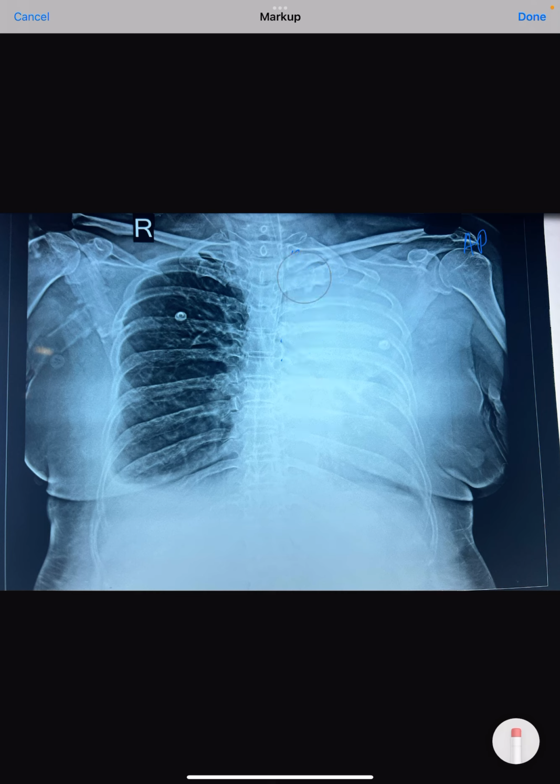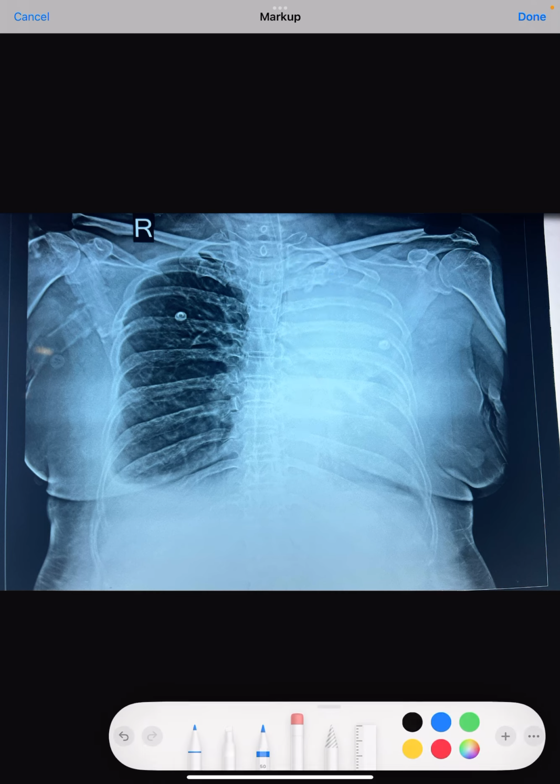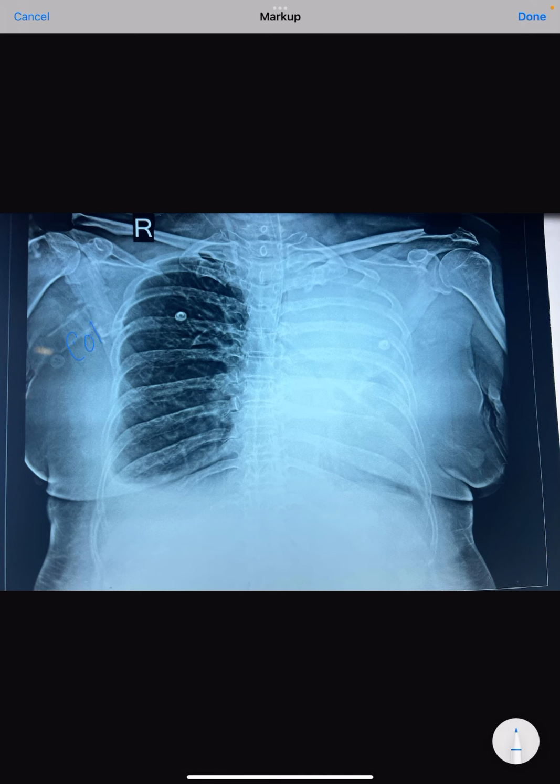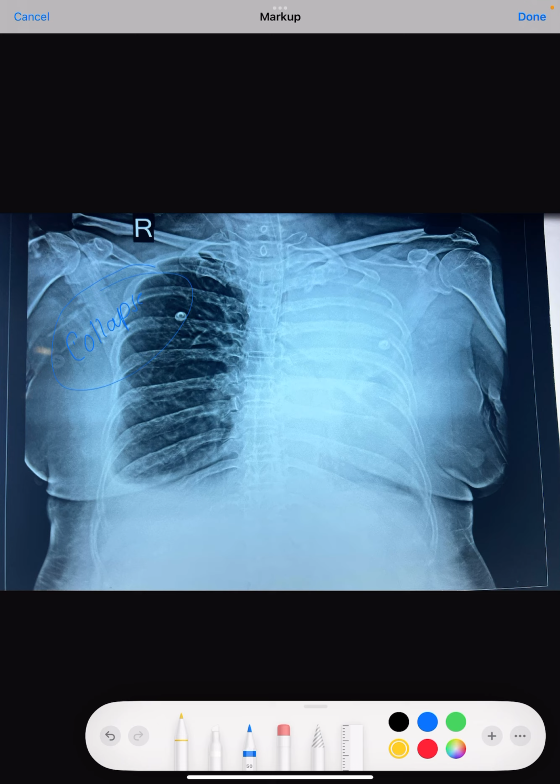Now, how to differentiate or how to understand? It's very easy to remember that a collapsed lung will almost always be of sudden onset. Most of the time, whenever the patient is intubated or admitted in the hospital, we usually do one or two or three or four X-rays.